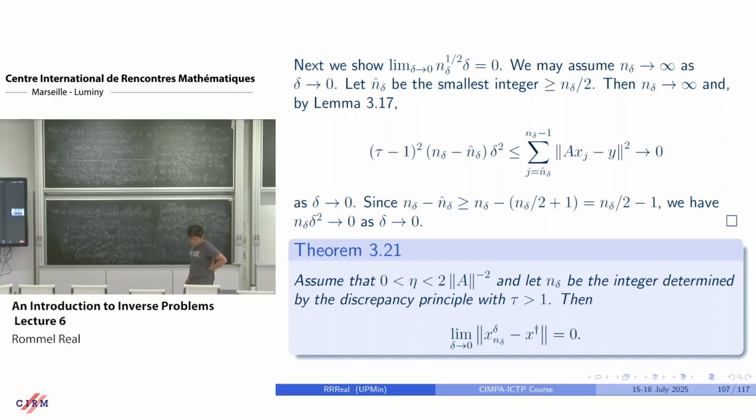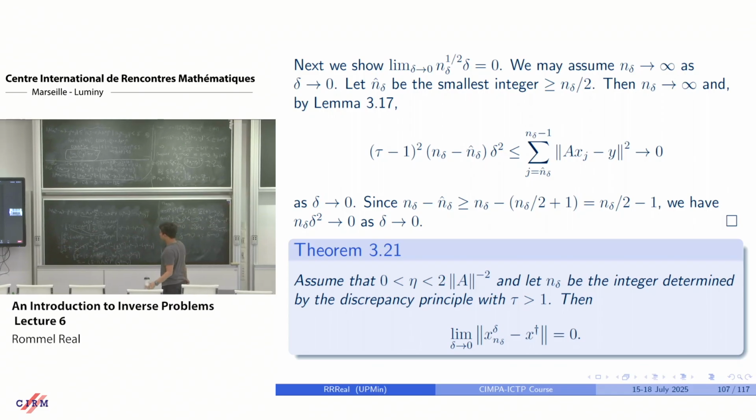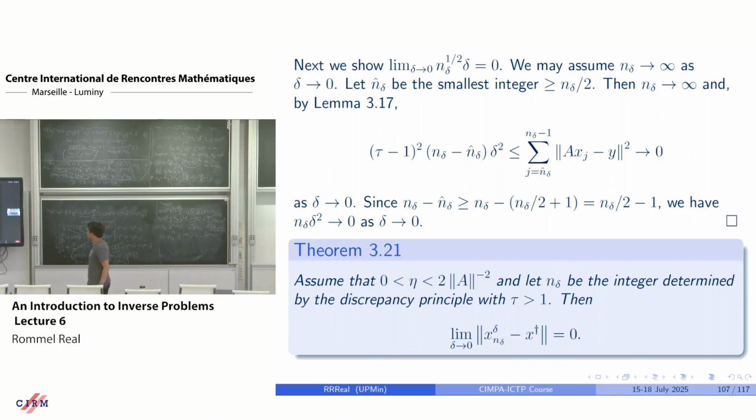This result will be useful in proving our convergence result for the Landweber iteration by the discrepancy principle. And that is given by Theorem 3.21.